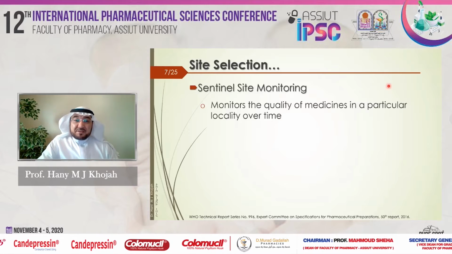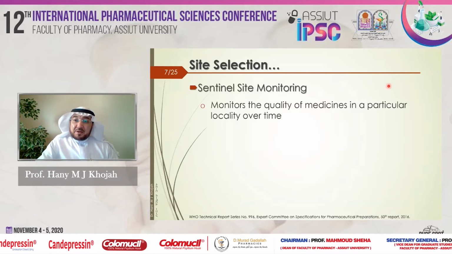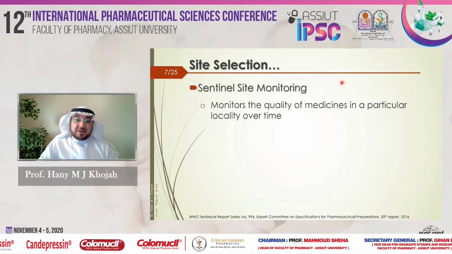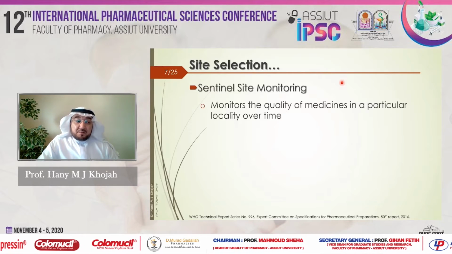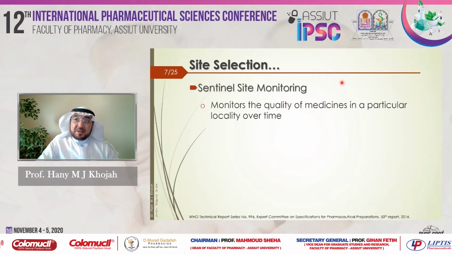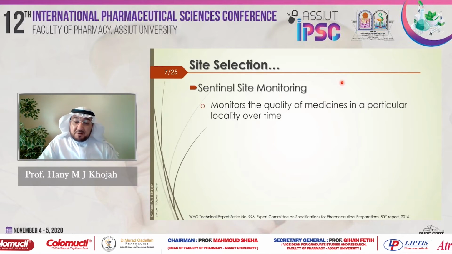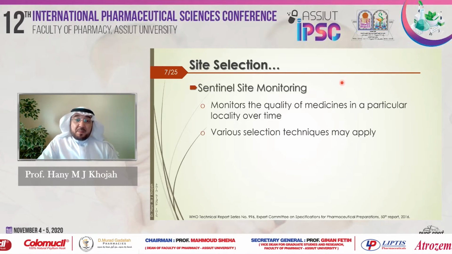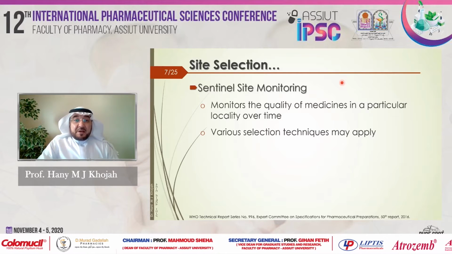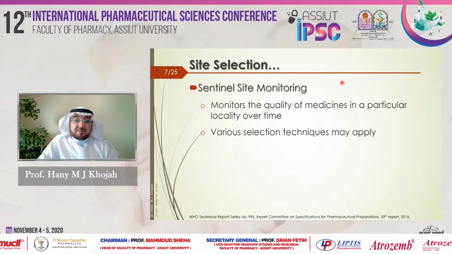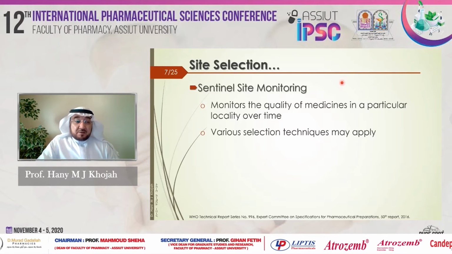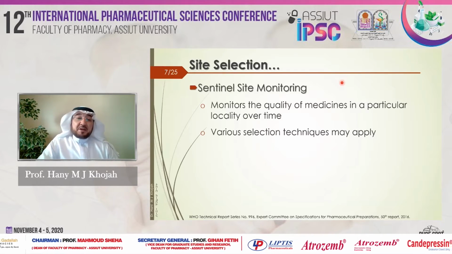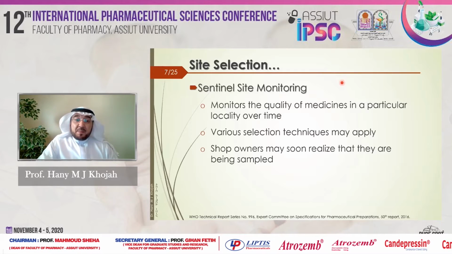Monitor the quality of medicine in a specific area in the city where there's always a problem, where counterfeit or low quality medicine are found. Here in the sentinel site monitoring, we can use various selection techniques. They can go for convenience sampling or simple random or whatever.